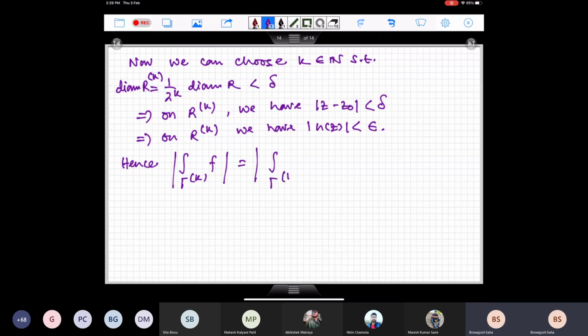the integral over gamma k of h of z into z minus z naught.